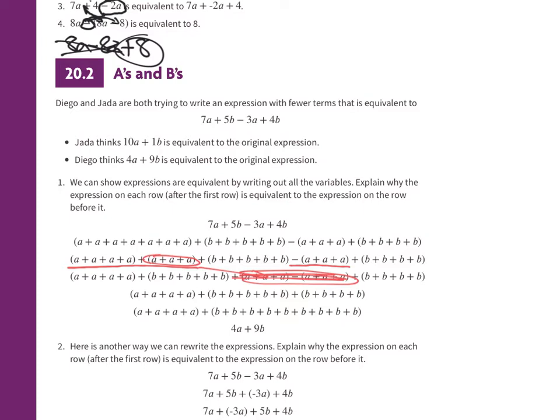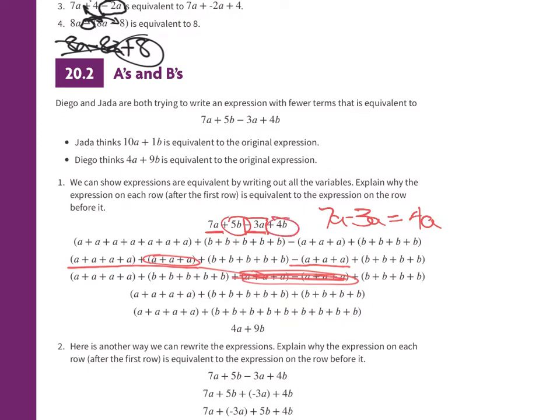But that's a lot of a's and b's you have to write out, right? So you can think of it as just, let's look at all the a's. So we have 7a here, and we have minus 3a here. We have to keep the sign that's in front of it. So 7 apples minus 3 apples is going to give me 4 apples, okay? And then I can look at the b's, 5b and 4b.